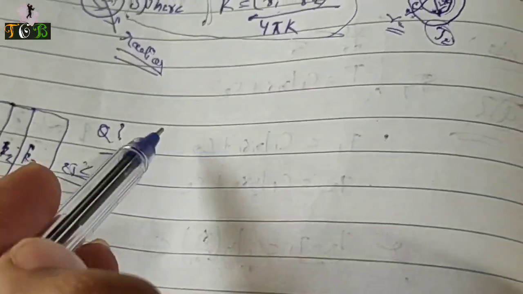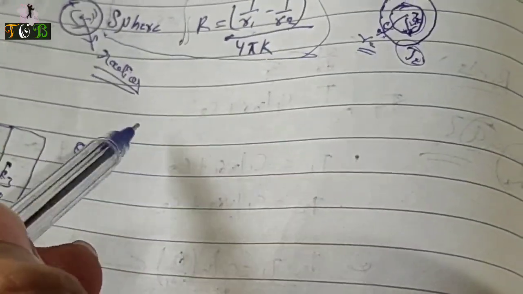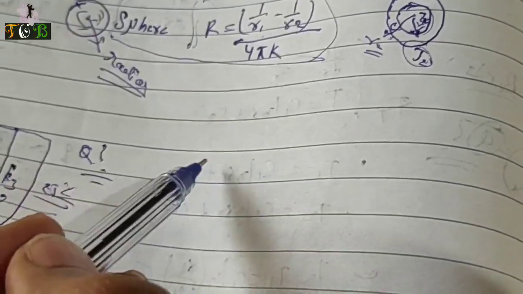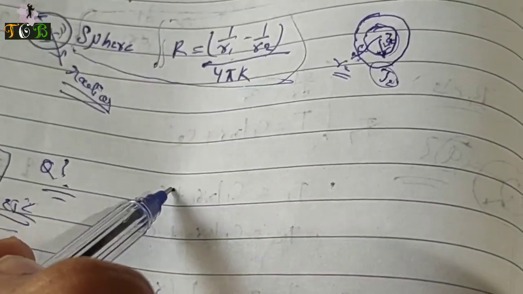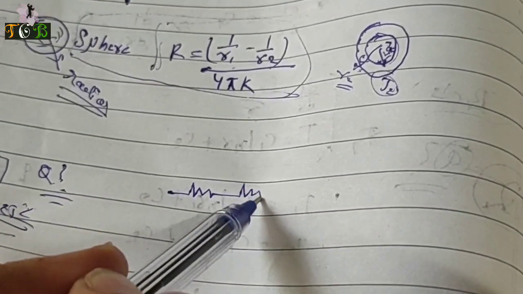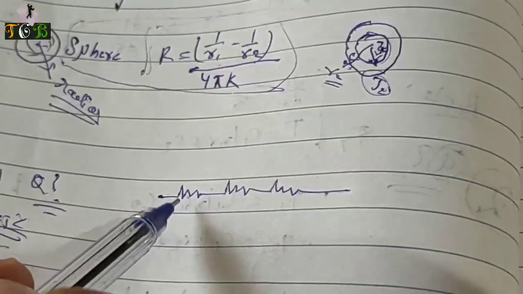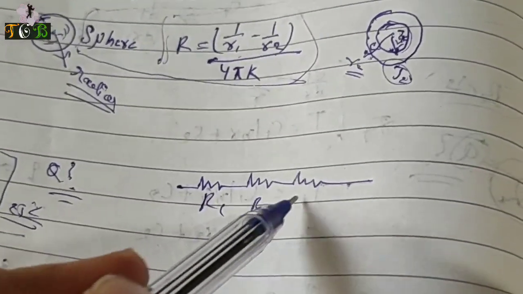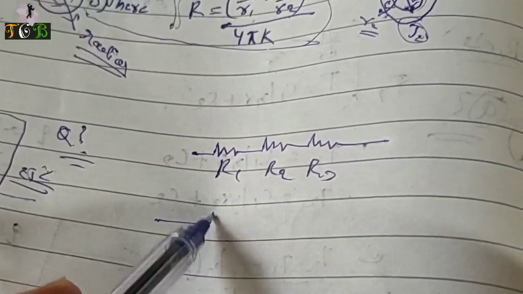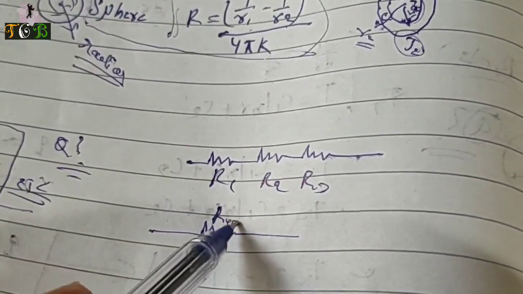In all these conditions, the basic idea we use is from our high school electricity chapter: if there are two or more resistances, R1, R2, R3, then we can add them and get the equivalent resistance.